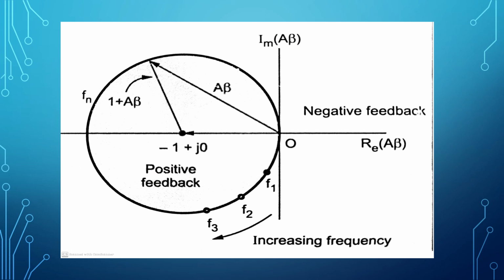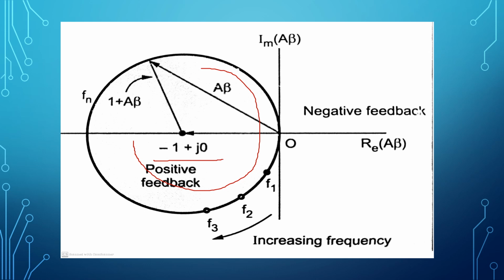This diagram is the locus of 1 plus A beta when it is equal to 1. So it is a circle of unit radius. Here, the radius is 1, that is unity, with the center at -1 plus j0.